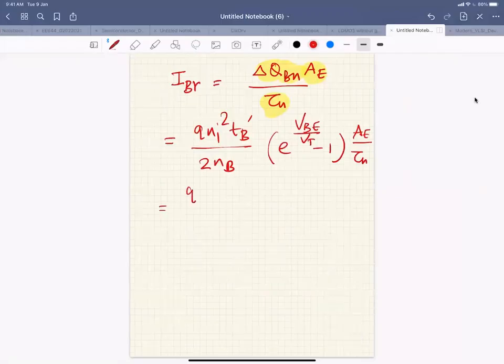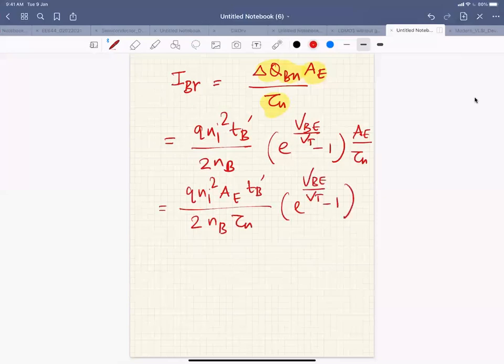So your IBR is nothing but QNI square AE TB dash by 2NB tau n times e to the power VBE by VT minus 1. So this is your recombination current.